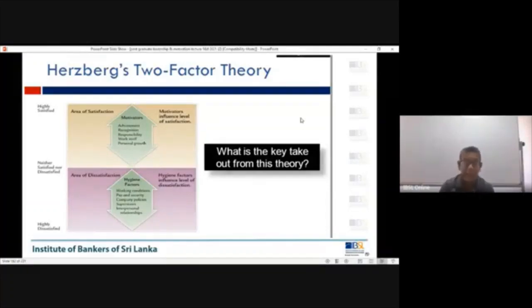Why? Because other factors are not good. So first remove the hygiene factors, then contribute the motivating factors, then only people will work. So this is the takeaway from this theory. What is the key takeaway from this theory? Understood. From each theory we need to get something out.